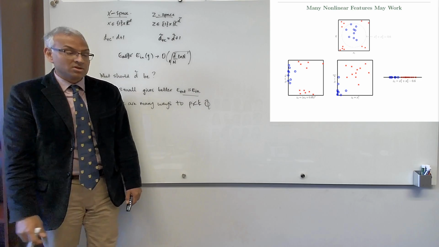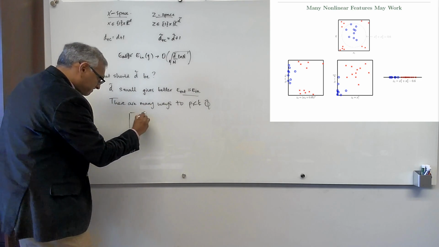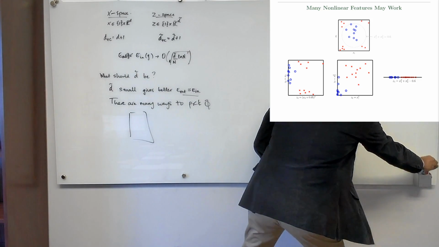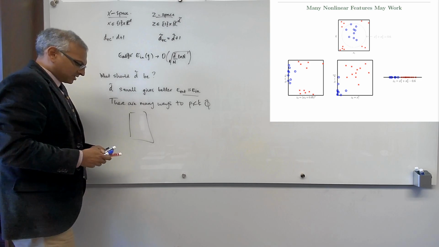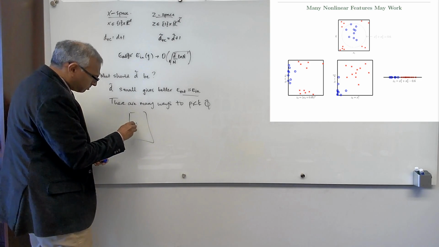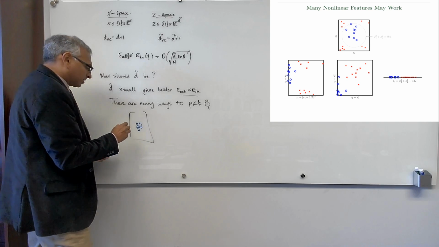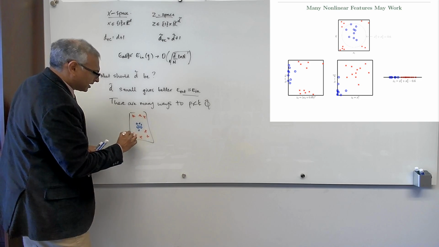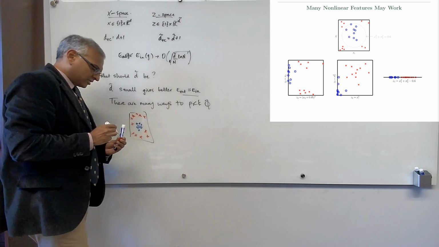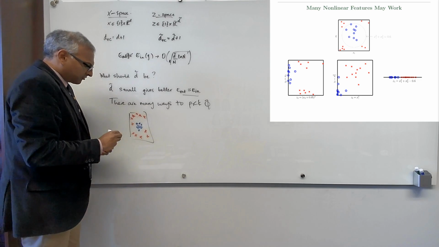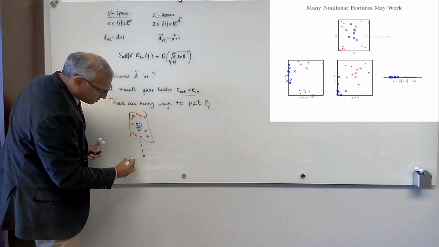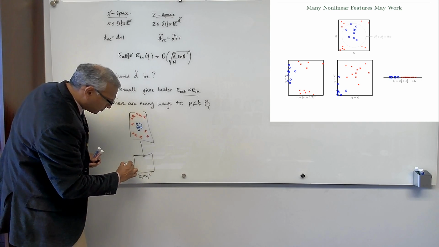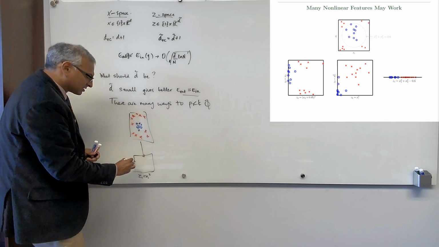What's illustrated here is our data, with blues and reds around, and that's the top graph over there. The first transform that goes down basically goes to Z1 equals X1 squared, Z2 equals X2 squared. That's the one we've been discussing all along.